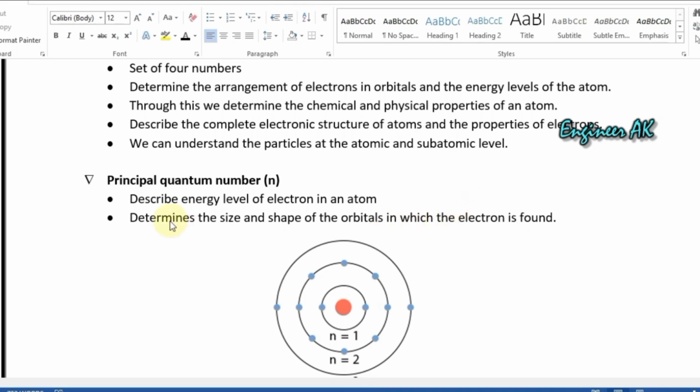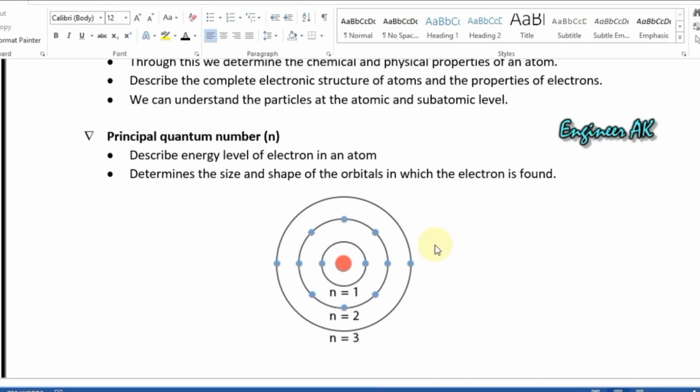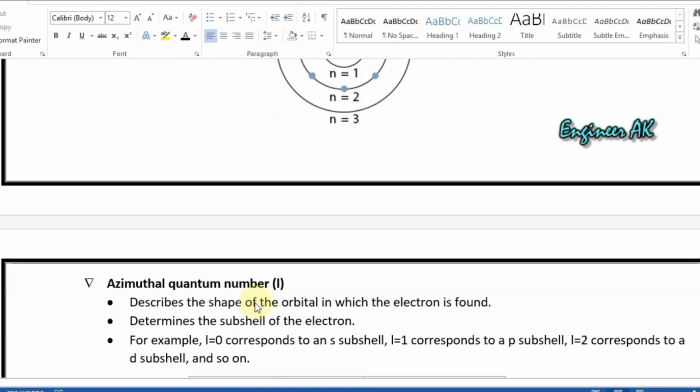The first quantum number is the principal quantum number, represented by n. It describes the energy level of the electron in an atom. It determines the size and shape of the orbital in which the electron is found. So for example, n=1 means the first shell, 2 means the second one, and 3 means the third one, right?